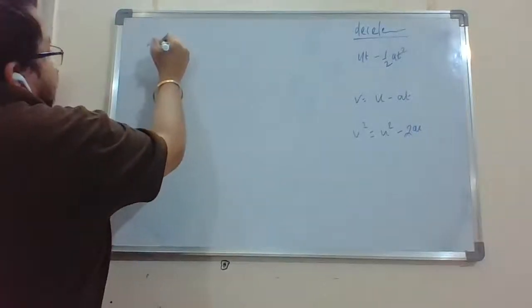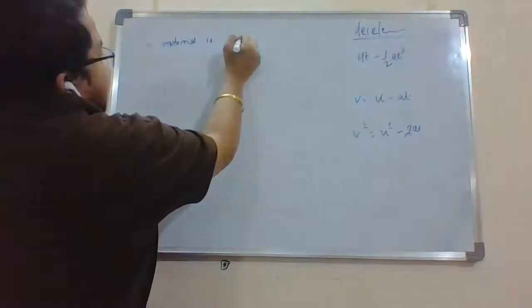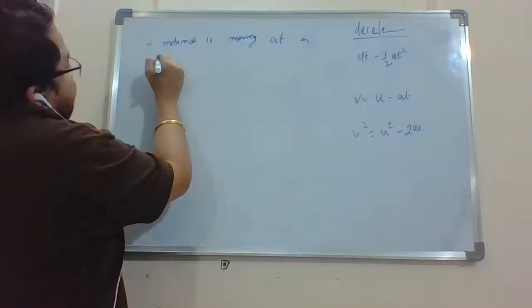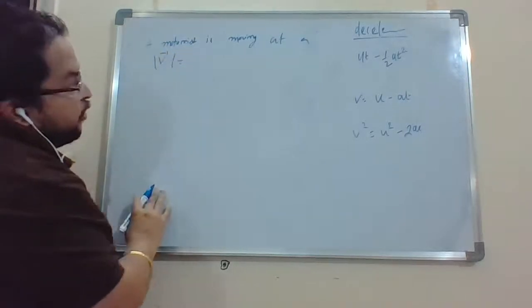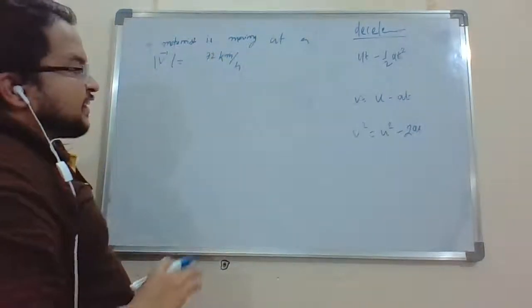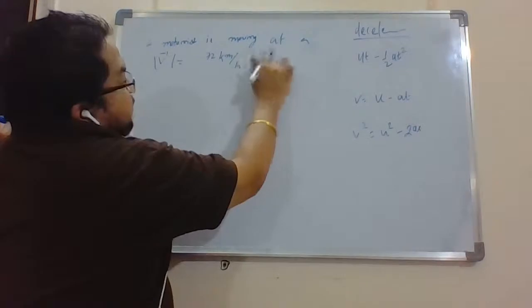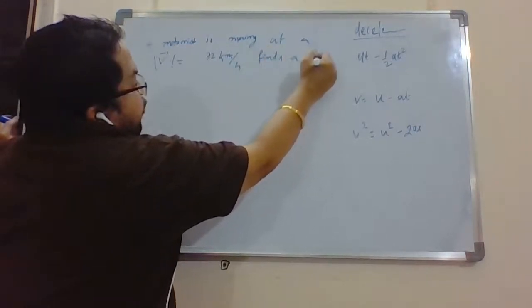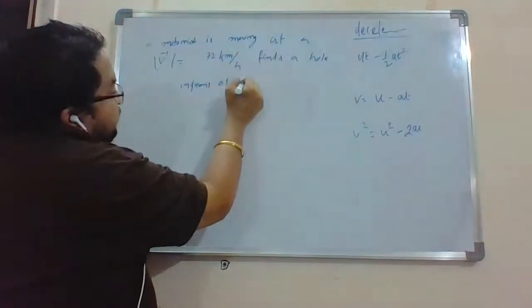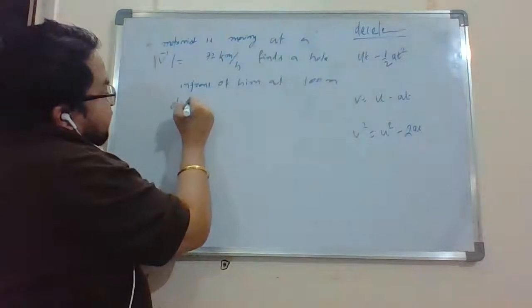A motorist is moving at a velocity of say 72 kilometer per hour, and suddenly sees a hole in front of him at a 100-meter distance.